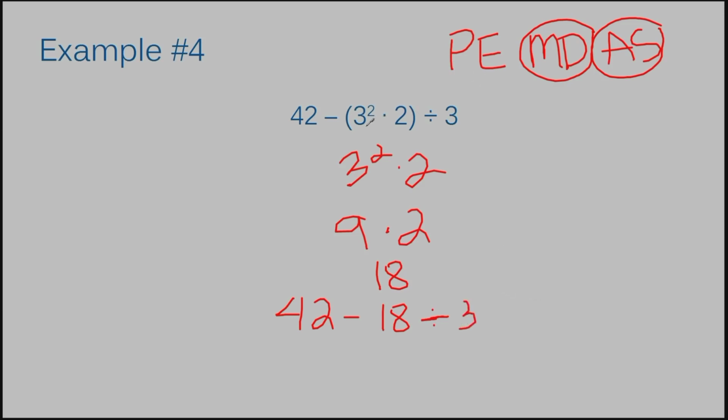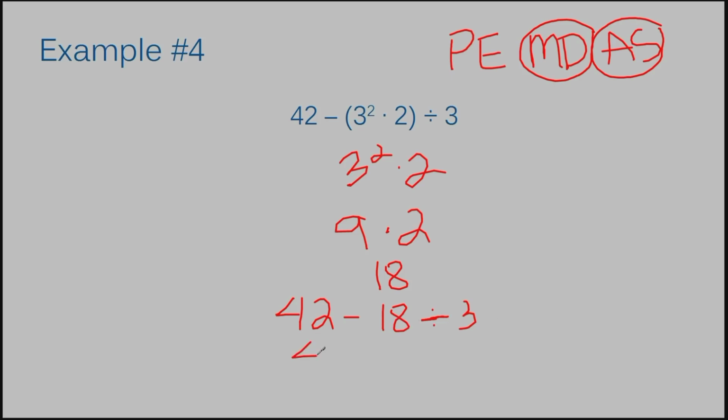Remember, we really only solved the parentheses portion in our overall problem. We only plugged the answer that we got for our parentheses back into the original problem, okay? So really, we're still in the parentheses step. We need to check to see if there's any more parentheses. There are not. Now we're only on the exponent step. There are no exponents. Multiplication and division. Yes, we have 18 divided by 3.